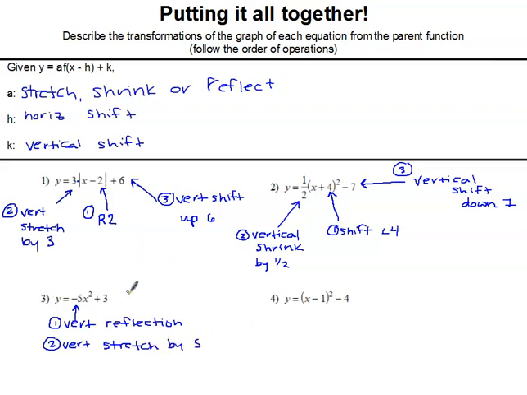Then after that, we deal with the addition that's on the outside, which would be a vertical shift up 3. And that is the third transformation we do. Number 4, I work my way inside out, so the first thing I do is move this to the right 1. There's no multiplication, so I just go here. The second thing I do is shift everything down 4.